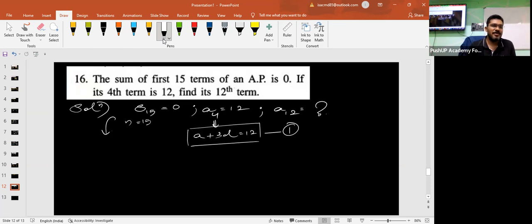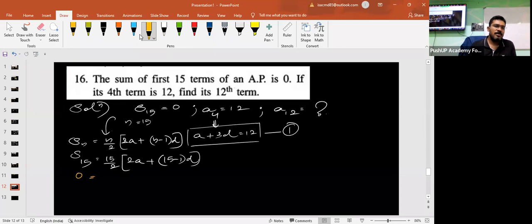I can create. How do you know? I know the formula of Sn. Sn is equal to n by 2 into 2a plus n minus 1 into d. What is n? It is 15. So S15 is equal to 15 by 2 into 2a plus 15 minus 1 into d. What is the sum of all the 15 terms?